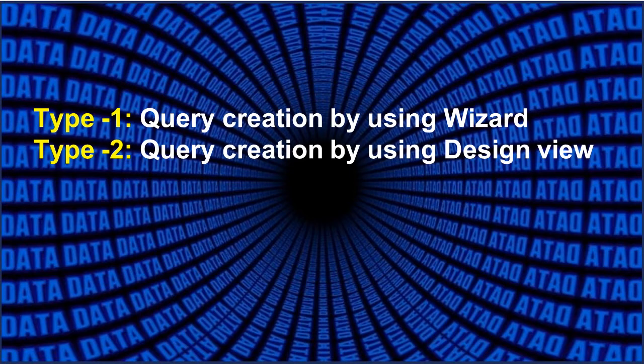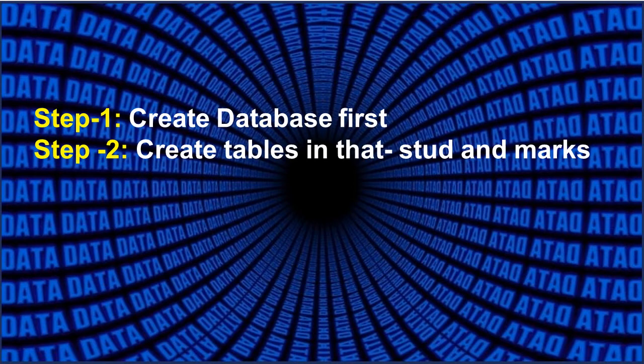Now I am going to teach you query creation by using design view, that means the second type. For that purpose, we need just two steps. First, generate the table. Second, add the fields according to the data and fill up the information.